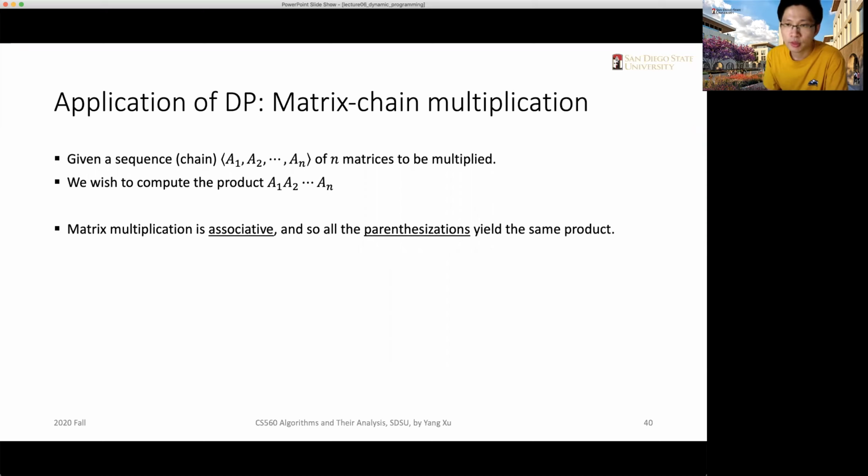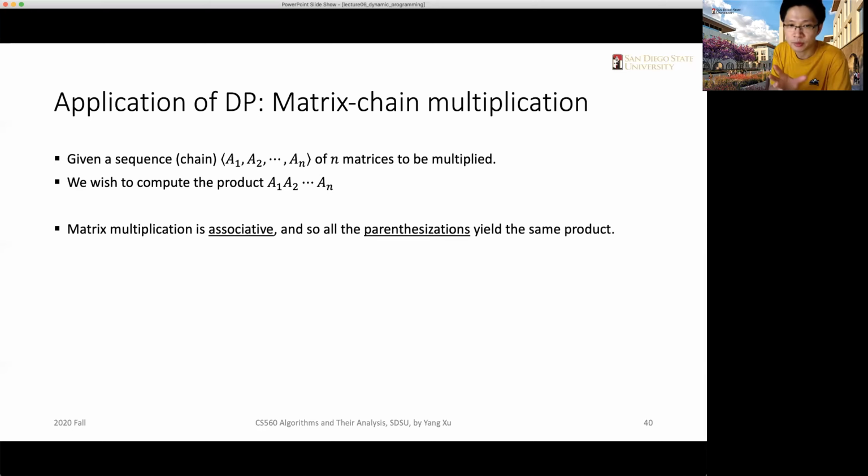And linear algebra tells us that matrix multiplication is associative, which means we can add parentheses around any number of matrices.